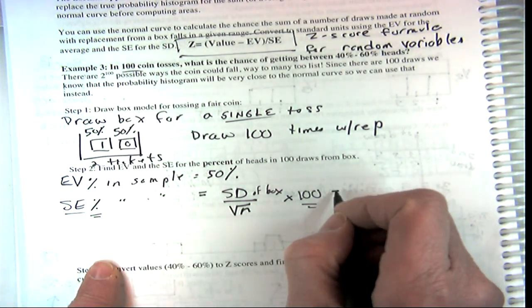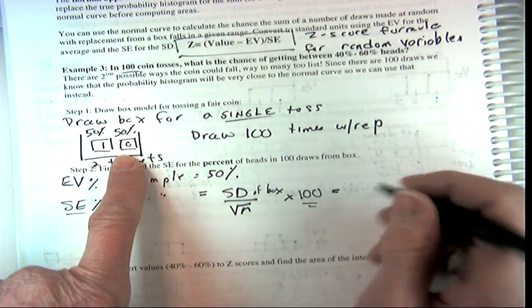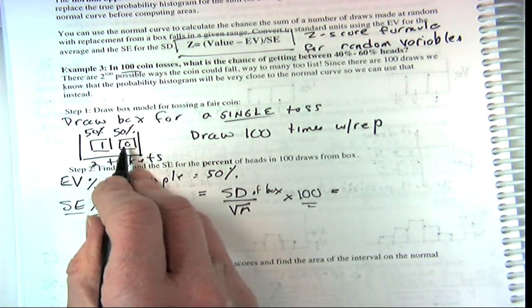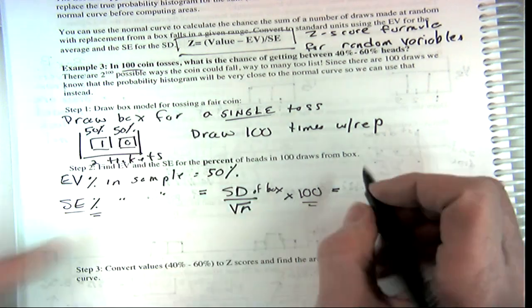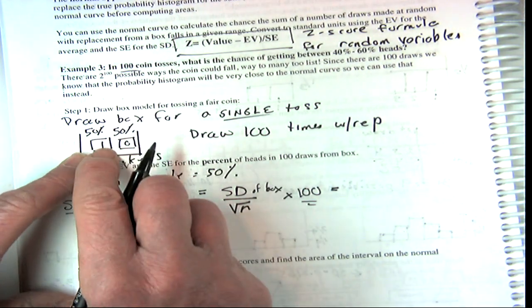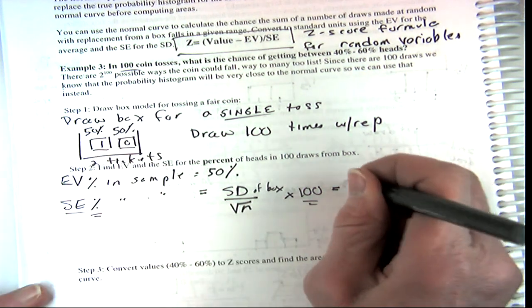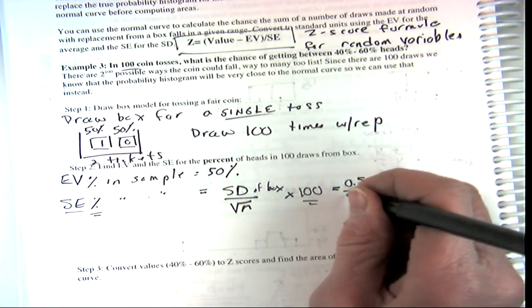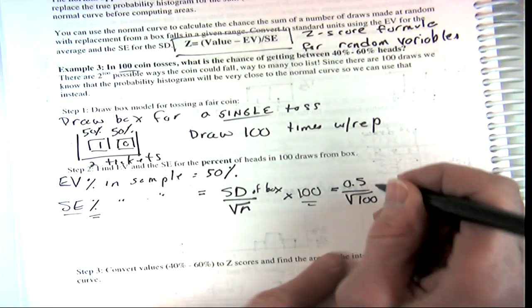All right, now I don't think we have to do this again. 50-50 box, it's 0.5 and 0.5. That's the biggest uncertainty you're ever going to get. You don't know if you're going to get a 1 or 0. The biggest it can be is 0.5. We're just going to put that down. And now it's over the square root of 100.